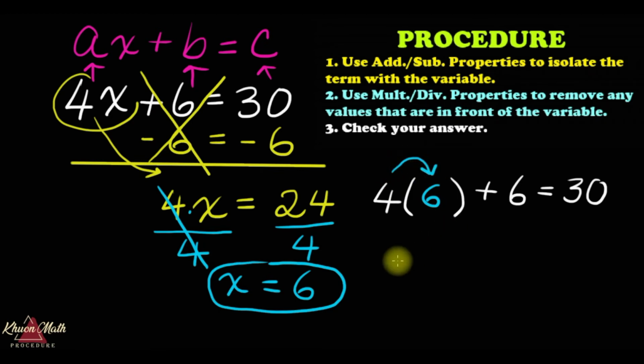So 4 times 6, you know it's 24. And then when you add 6 to that, it's going to give you 30. So that's how we know it's right. So x is 6 is the correct answer. And that's how you solve the equation that is in the form of ax plus b equals c.